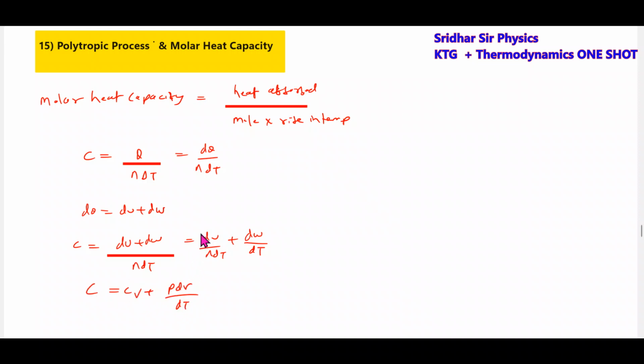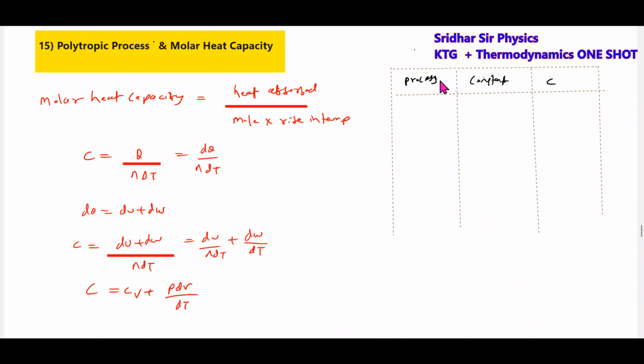Then we'll do one thing. First, we'll make a list of some different types of processes, and molar capacity we'll discuss.